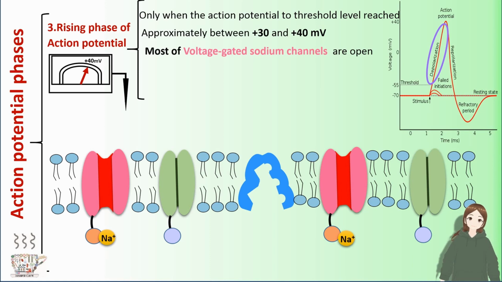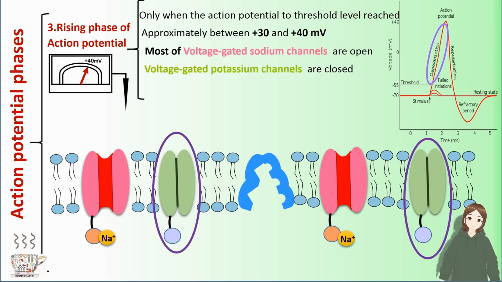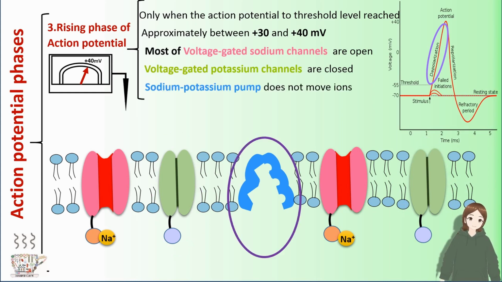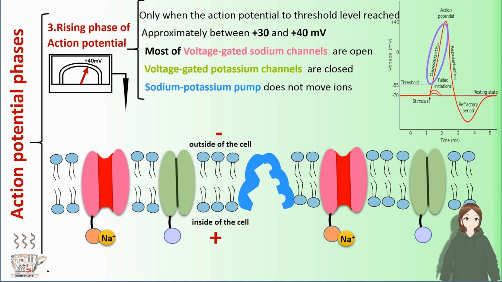Most of voltage-gated sodium channels are open. Voltage-gated potassium channels are closed, and sodium-potassium pump does not move ions. Outside of the cell is negative, and inside of the cell is positive.